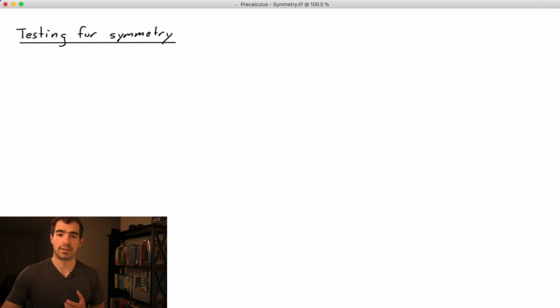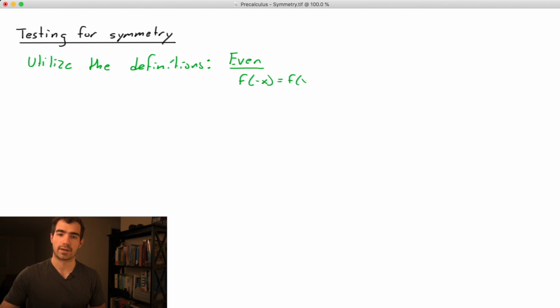Well, essentially what we're going to do is utilize the definitions. In other words, we defined an even function as one where f(-x) = f(x). And we defined an odd function as one where f(-x) = -f(x). And what we can notice here is that both of these definitions are based around f(-x).